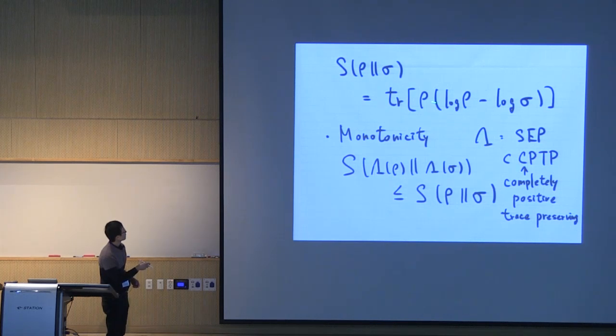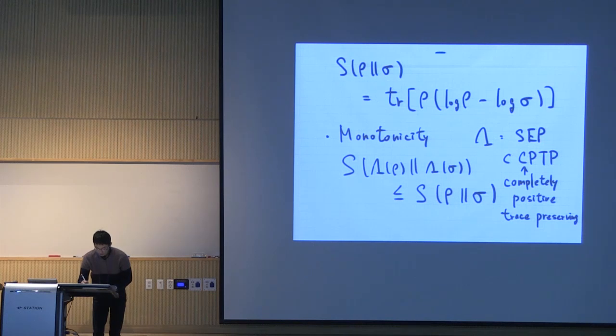So trace preserving means that if the trace of rho is 1, then the trace of lambda of rho is 1.